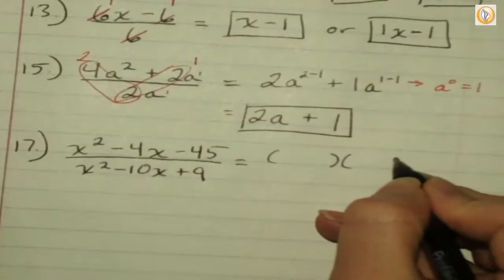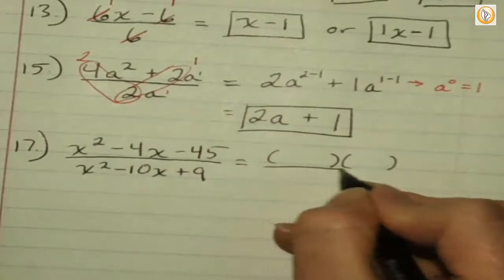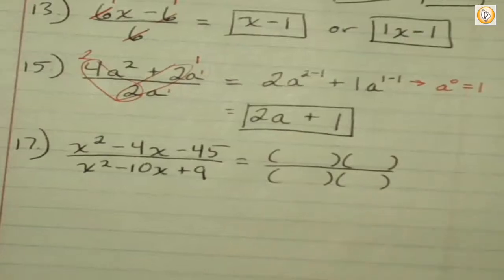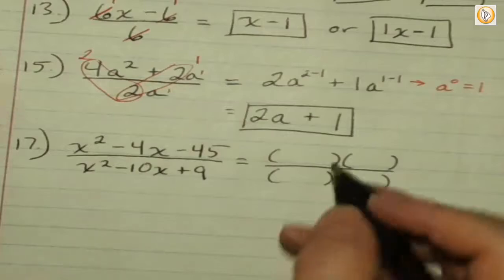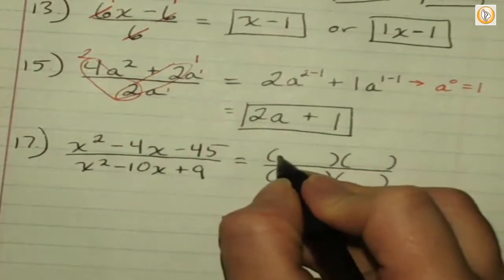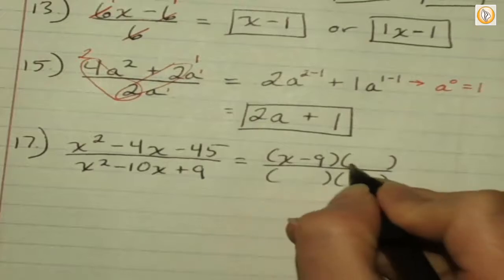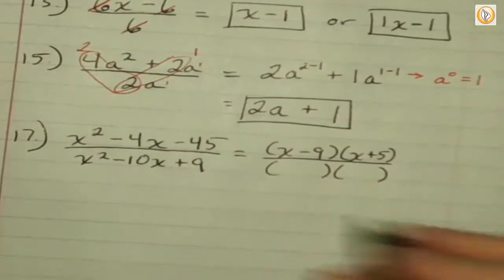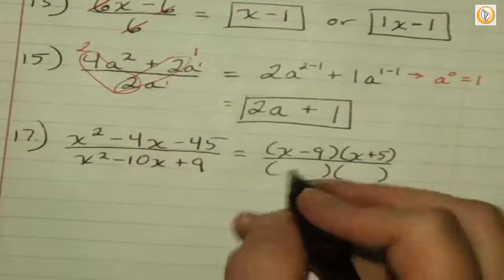This is a new problem. So we're going to factor, unless we couldn't factor and would have to do the quadratic formula. See, this is going to be fun. So what do I put in here? X minus 9 and x plus 5. Very good. What about down here?